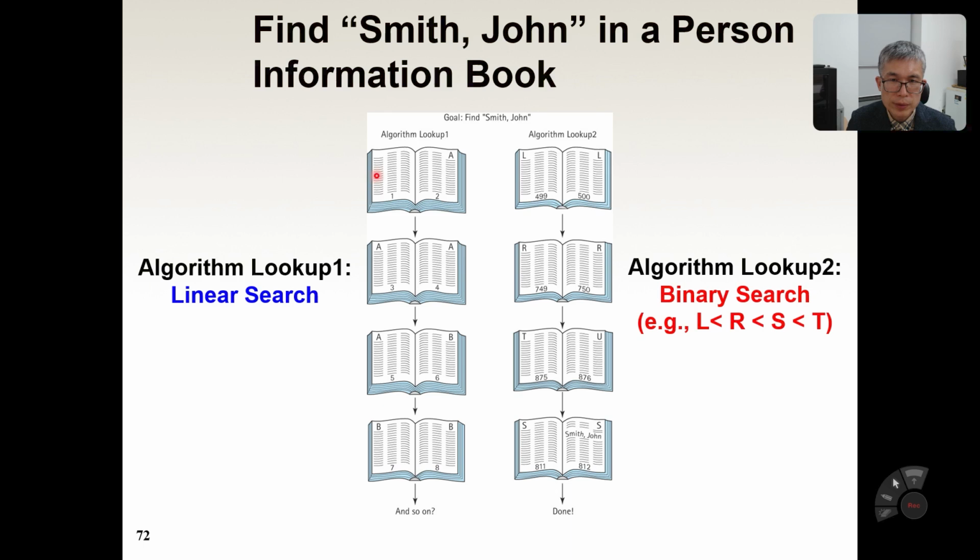Linear search goes from A, next page, and so on until you find it. And with binary search, we randomly open the book; the last name is S and this page starts with L. So we move later, randomly open again, and R is still less than S, so we go to the later part on the right side. But now T is greater than S, assuming the names are in ascending alphabetical order, so we move to the left portion and randomly open again.